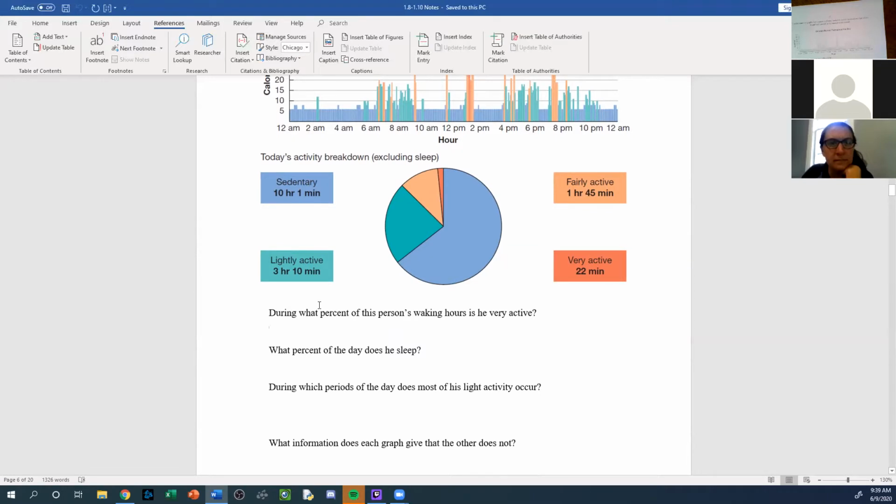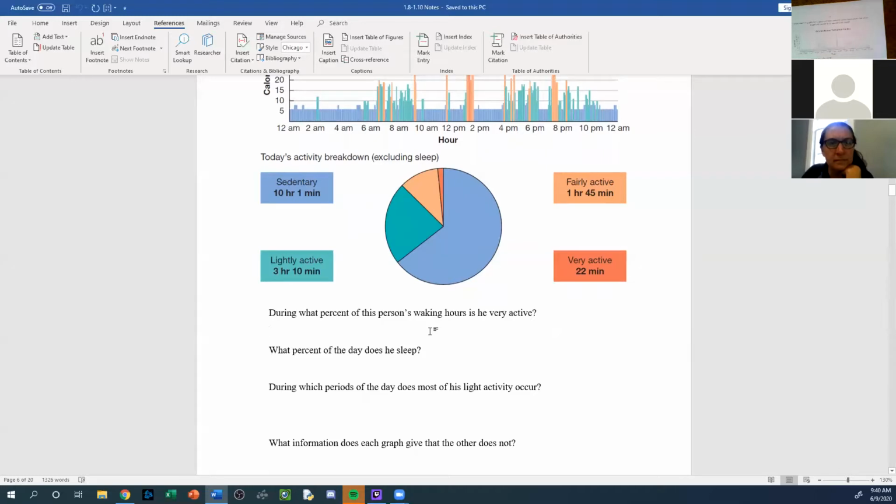So what do we have to add together, and what are we going to divide by? Because this is just finding what percent of the pie this very active is, right? So what I'm going to do is use our part divided by whole formula.